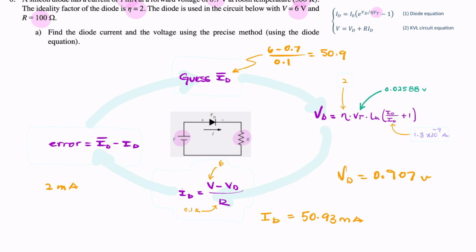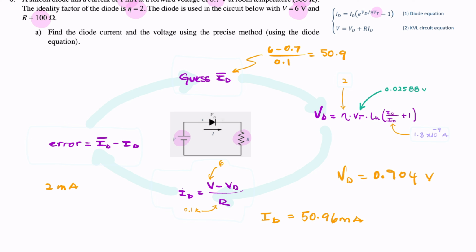And this time it's given me 0.904 volts. So a very slight change, but I'm now going to put that in there to see if we get an even better estimate for ID. 6 minus 0.904 divided by 0.1 gives me 50.96 milliamps.